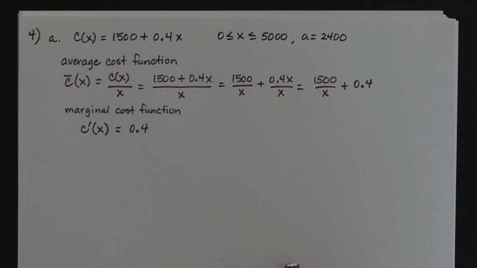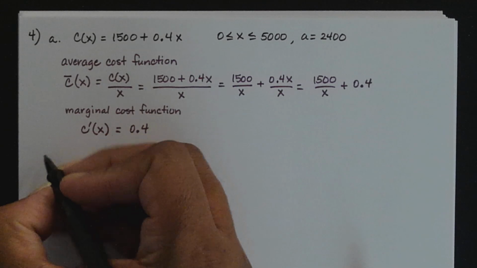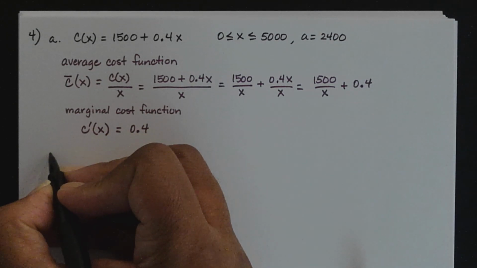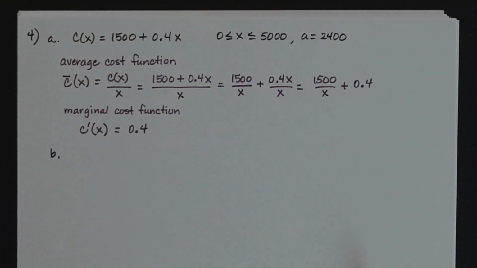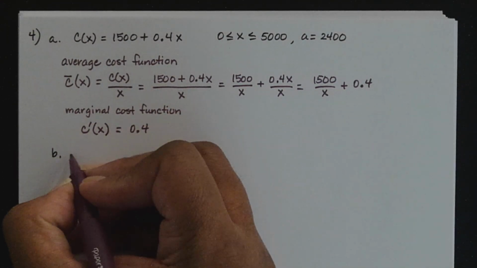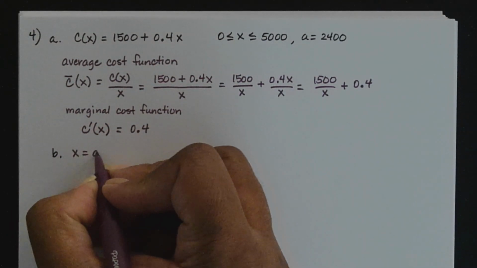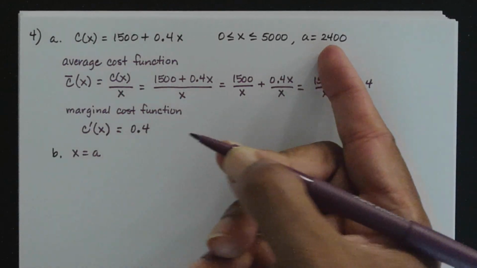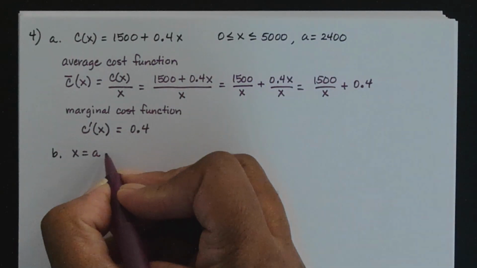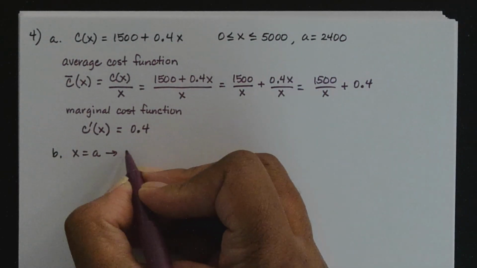Now, part B is to determine the average and marginal cost when x is equal to A. So if x is equal to A, and A is 2,400, we just substitute the A with that 2,400.